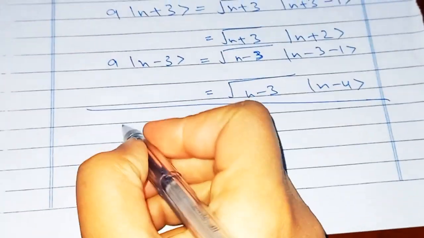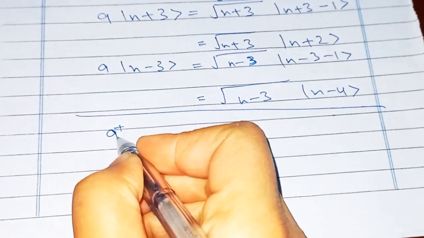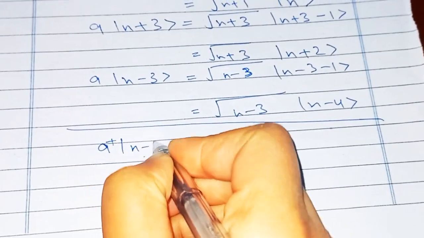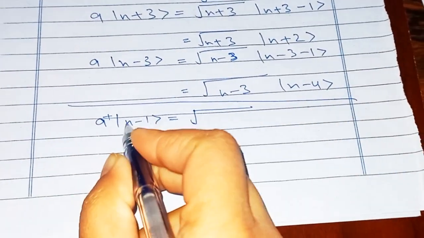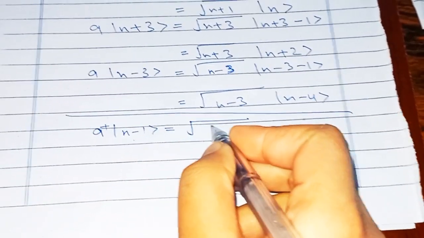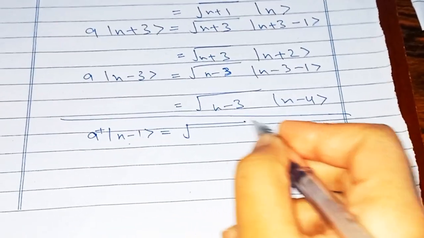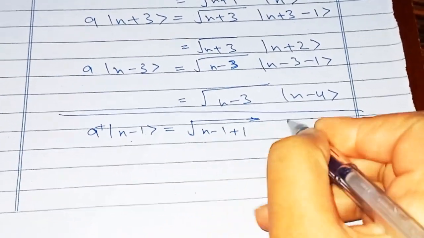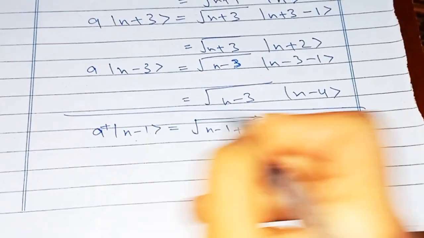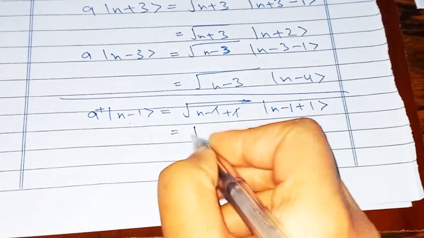We have the same kets but for the raising operator, so it's n minus 1 first, and we know that we'll add 1 inside the constant as well as inside the ket. So it's n minus 1 here, we'll add 1, and n minus 1 here, we'll add 1 again. So minus 1 plus 1 cancels, it's under root n, and here n as well.